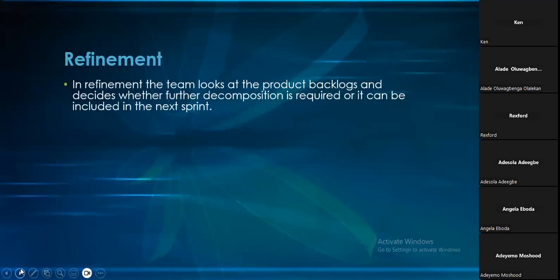Then let's quickly go to refinement. I'll be very fast as regards refinement. The full name of refinement is product backlog refinement. It's a process to add details to something, like adding a description or sizing a story, or anything on that product backlog item.